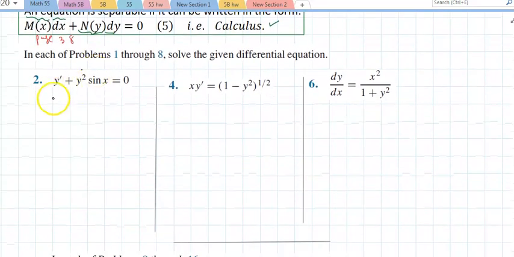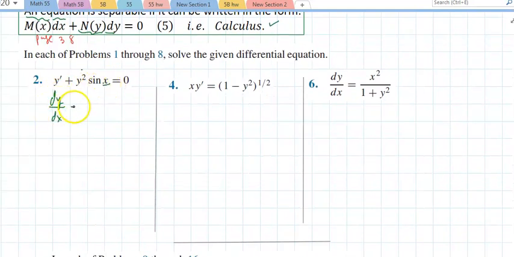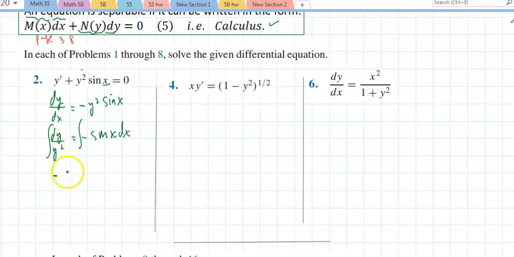So here I look at this. Well, this is dy/dx equals negative y squared times the sine of x. So we're trying to solve for y. If I divide by y squared and cross multiply, I was able to get y with its dy and x with the dx. This is y to the negative 2. Add 1 to the power, divide by that. That's simply negative 1 over y equaling.